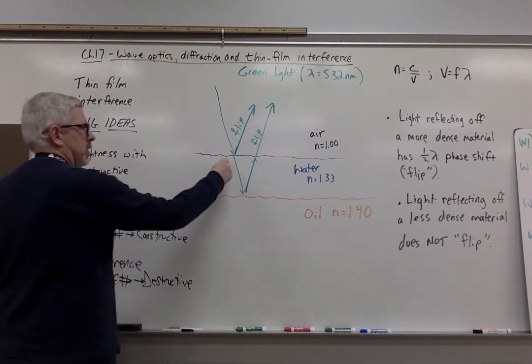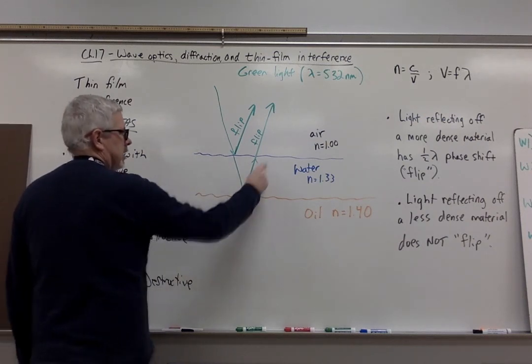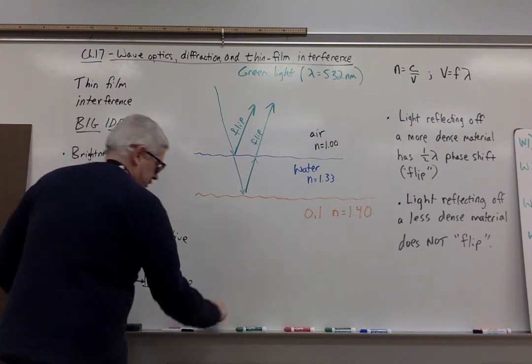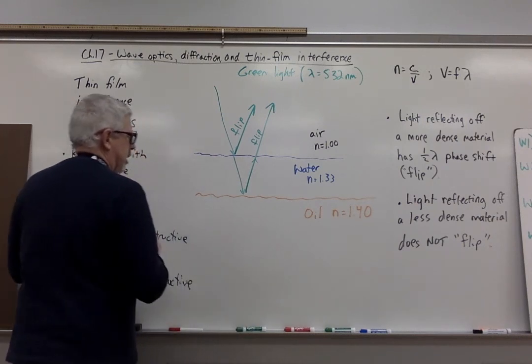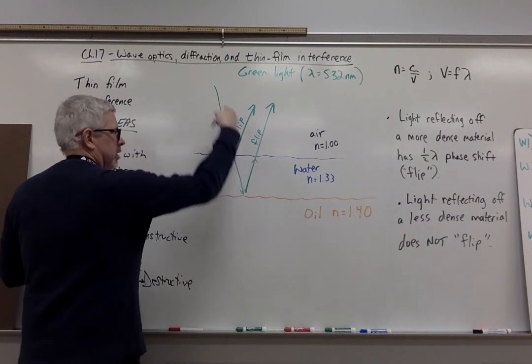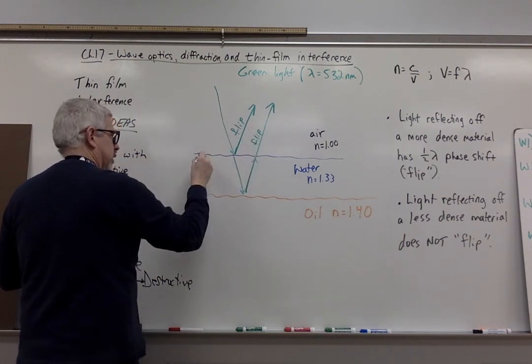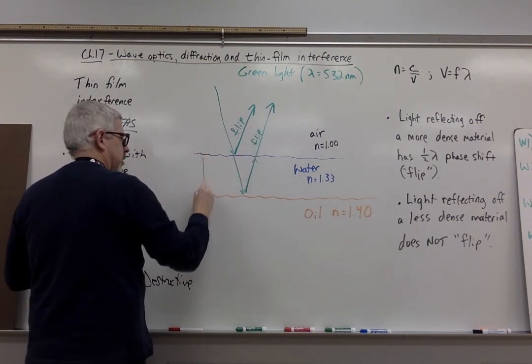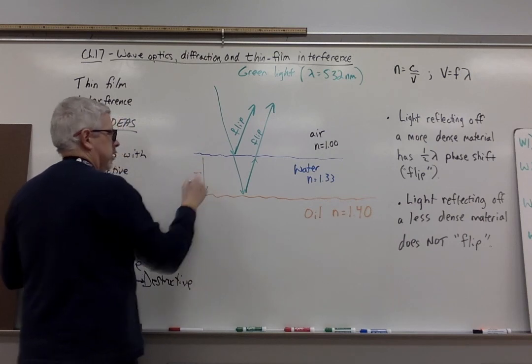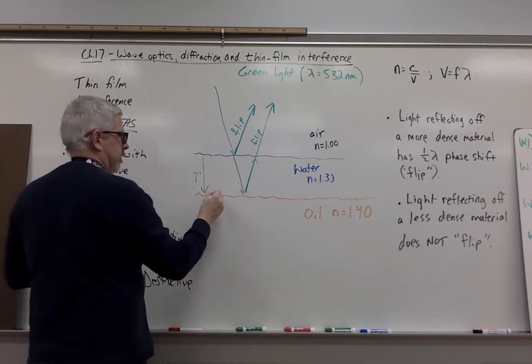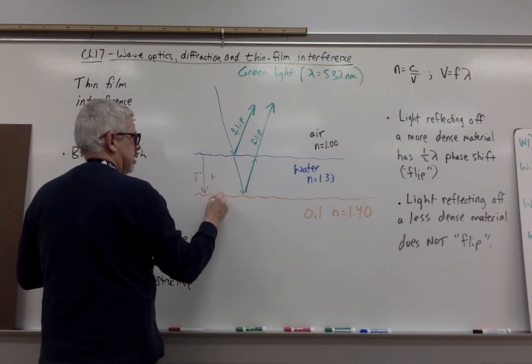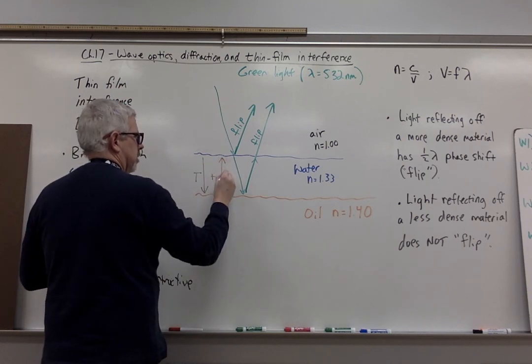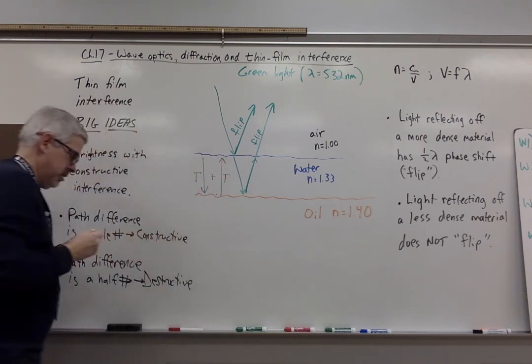Well, what we've got is light coming down and coming back up. So if I think about that, the longer beam of light is going an extra thickness of this, plus, it comes back up, also a thickness.